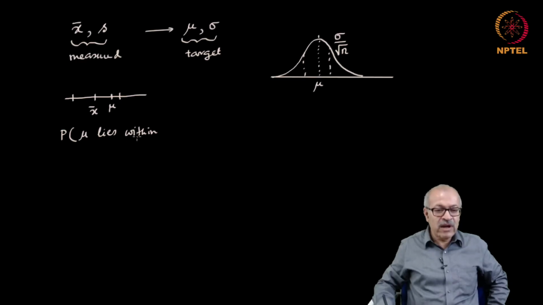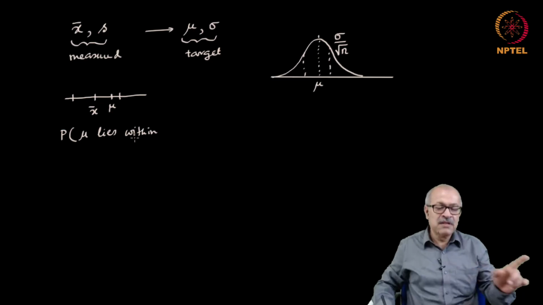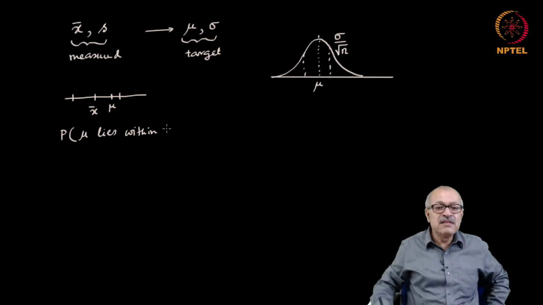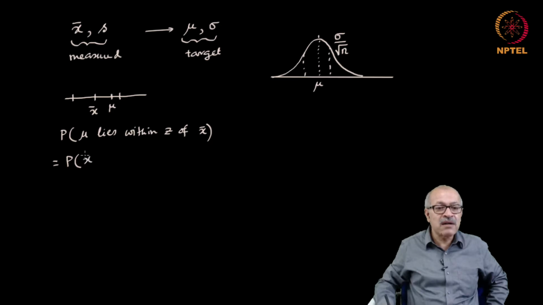Now, here we had written it in the form of a multiplier times the standard deviation, where z is the multiplier of x bar. And then we said that this is the same as P is equal to x bar lies within z of mu, sorry.